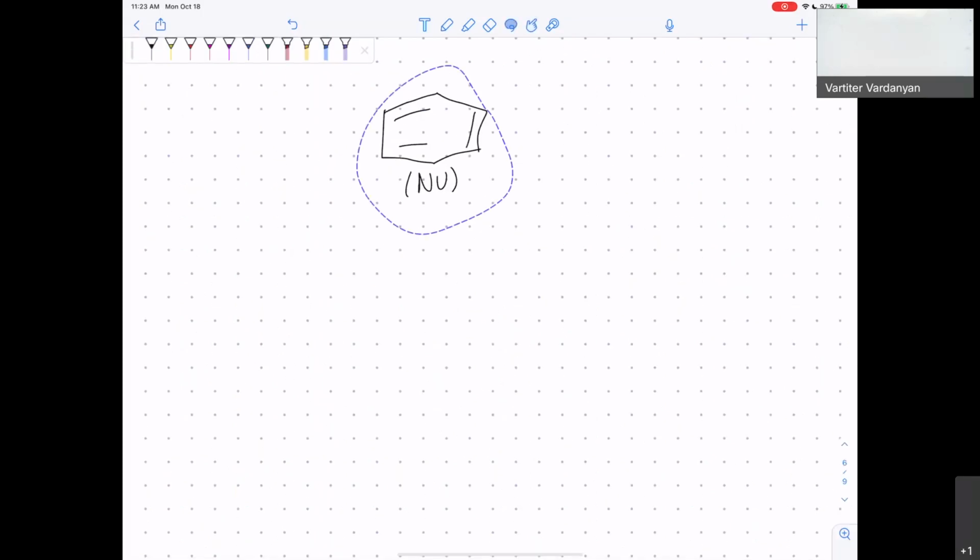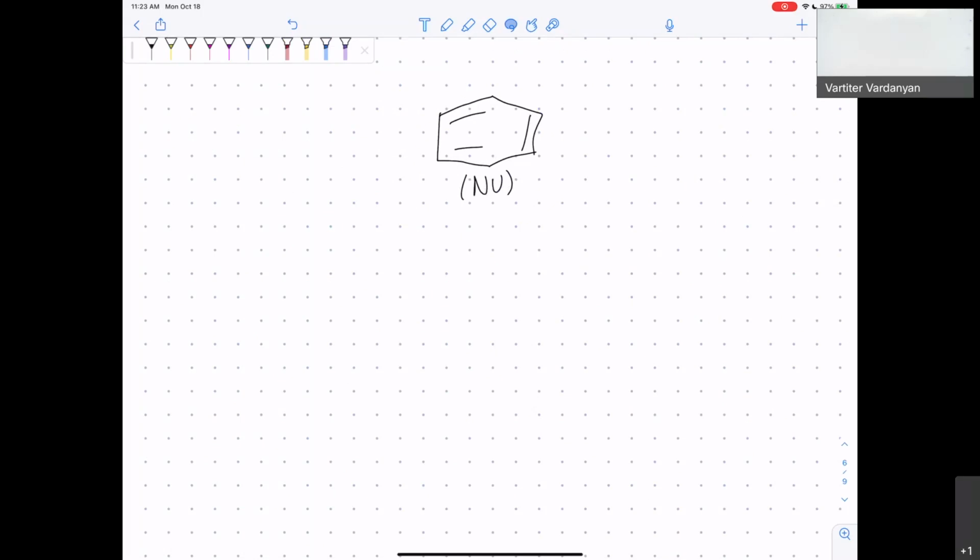And so if we say that something is an activator, we're going to make it more reactive. So I'm going to write activator on this side. And then deactivator is going to make the benzene ring less reactive.